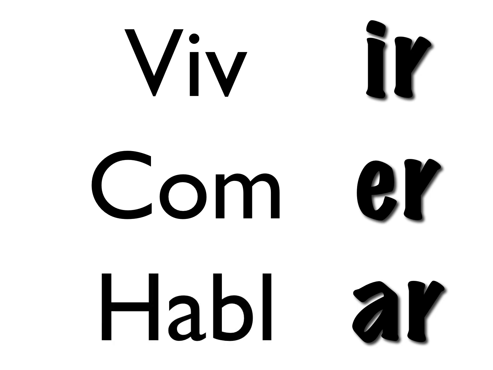So an example of each is vivir, an IR verb, and it means to live. Comer is an ER verb, and it means to eat. Hablar is an AR verb because it ends in AR and it means to speak or to talk. So the infinitive form always ends in one of these three endings.